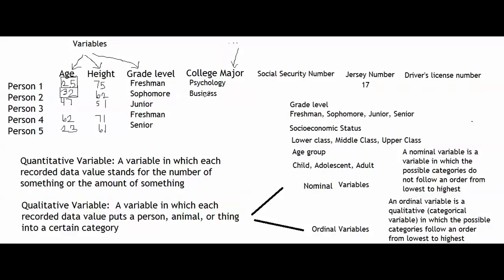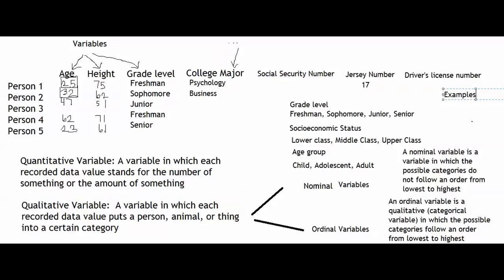Also, the variable of handedness, left-handed and right-handed people, would also be a nominal variable, because neither of those two categories is above the other, so they don't follow an order from lowest to highest.